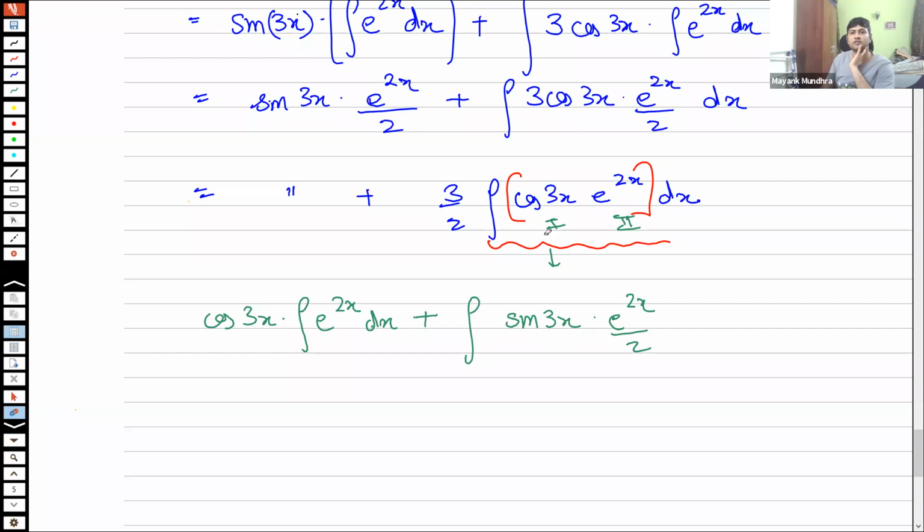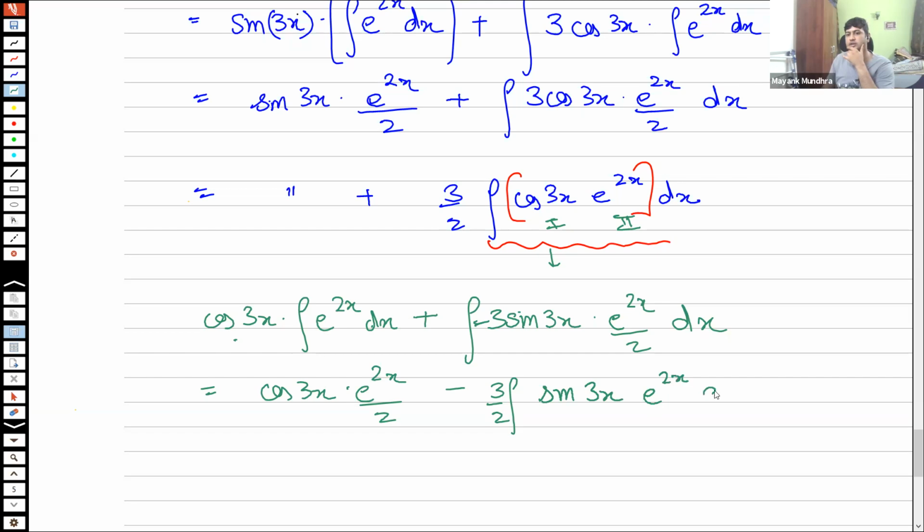First function into integral of second minus integral of differentiation of first function into integral of second. Right. So this is cos 3x into e to power 2x by 2 minus integration of 3 by 2, I'm taking outside, sine 3x e to power 2x dx.